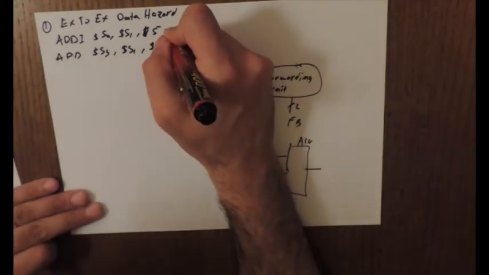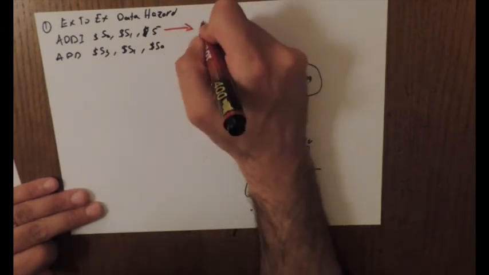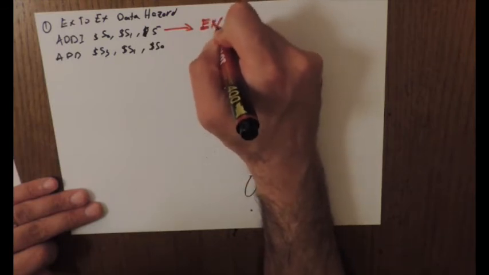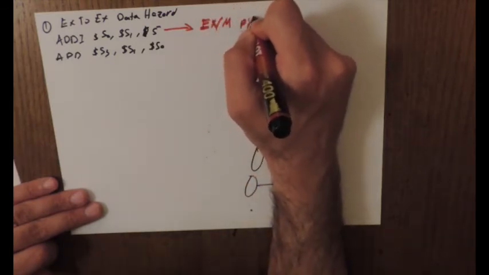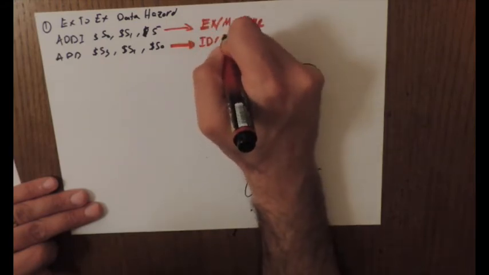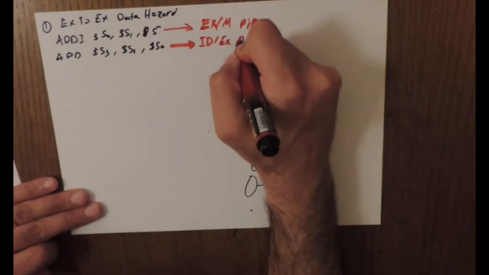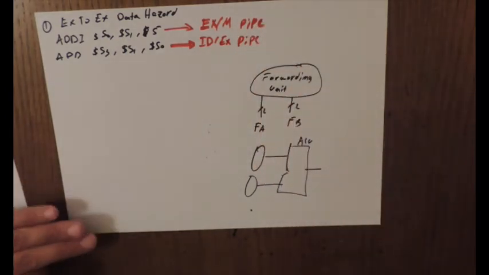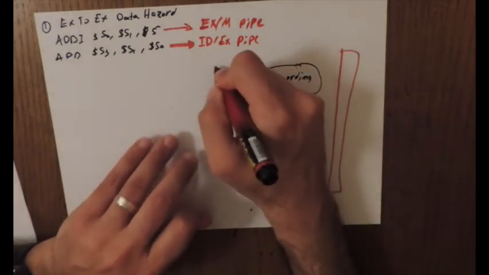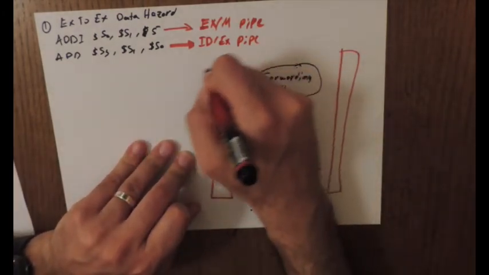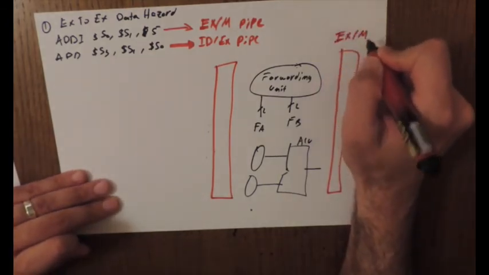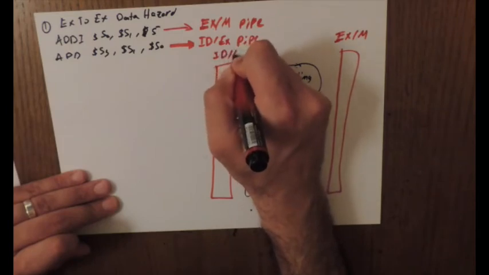This is the EX over memory pipe, and this is the ID over EX pipe. So this should be EX over memory, and this is ID over EX.